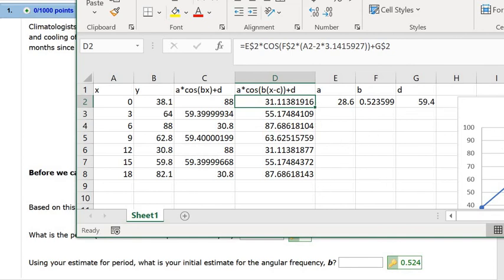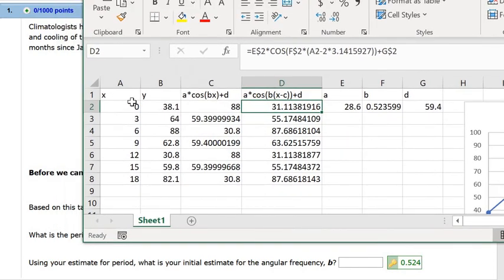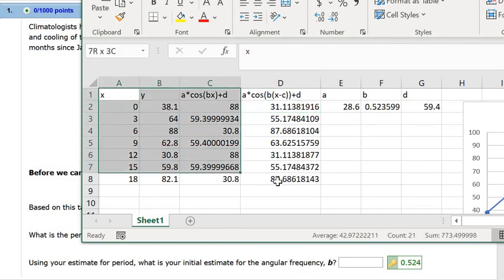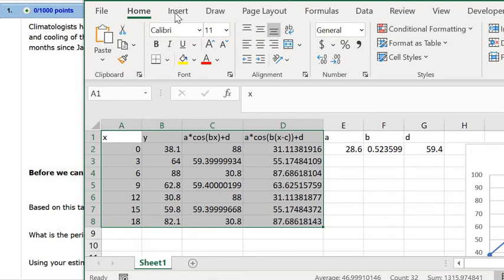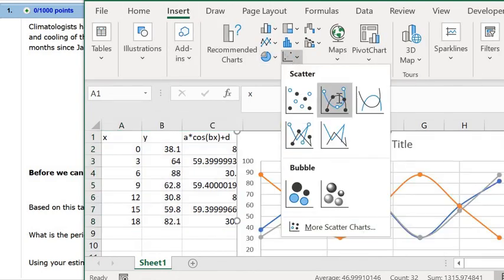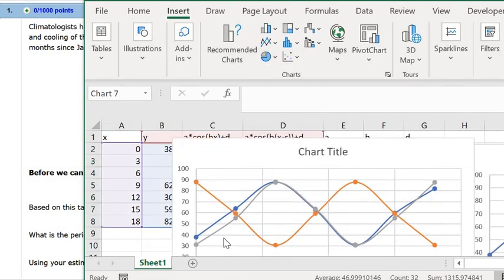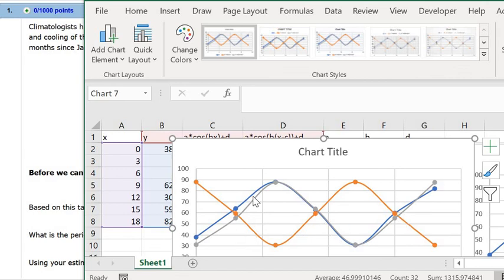And then I plotted all 3 of these together. So all you have to do is highlight them all, go up to Insert, Charts, and you see the gray curve is now my estimated curve, and it fits the blue curve pretty decently. So it looks like it's about a horizontal shift of 2 pi. And this is how you should check your work too, to make sure that everything is matched up.